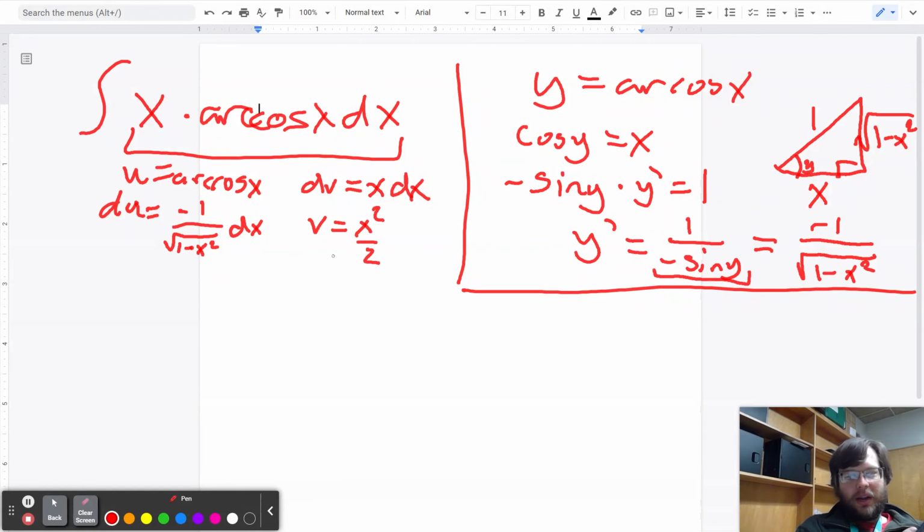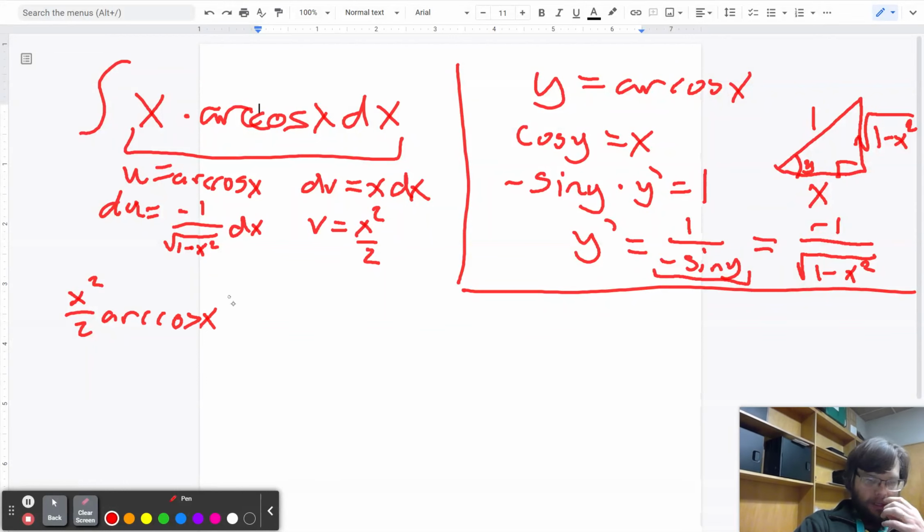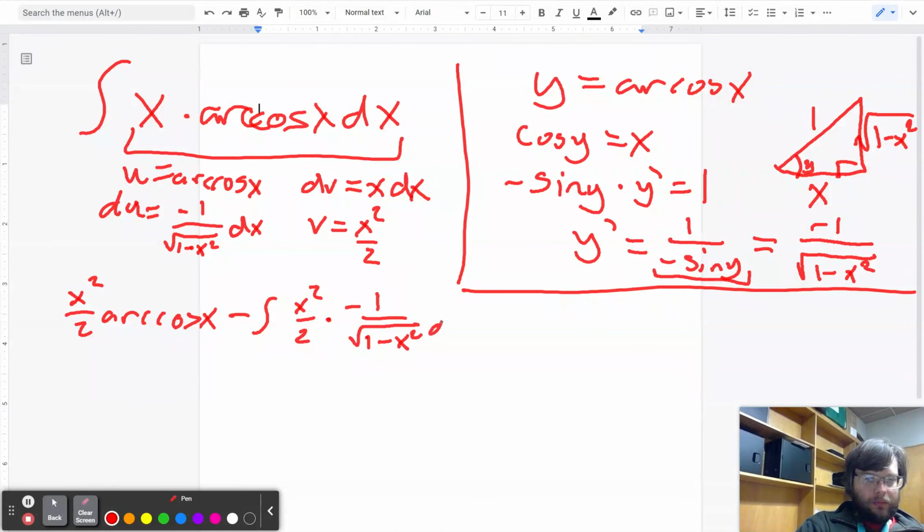So let's write out our integration by parts. uv, so we have x squared over 2 times arc cosine of x, minus the integral of v, x squared over 2, times du. Great. Okay, so then let's clean it up a tiny bit.